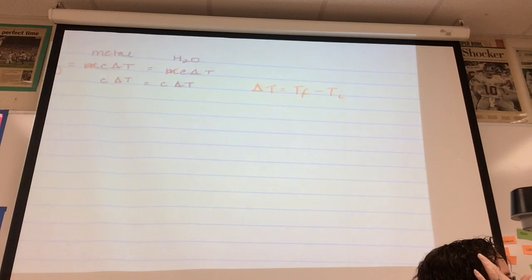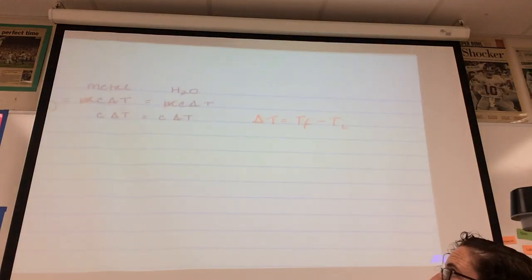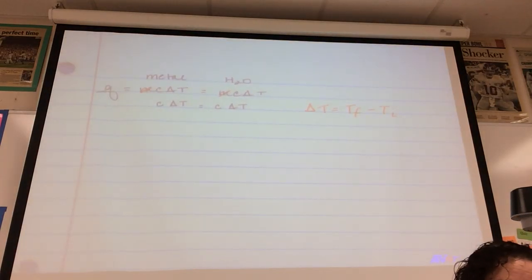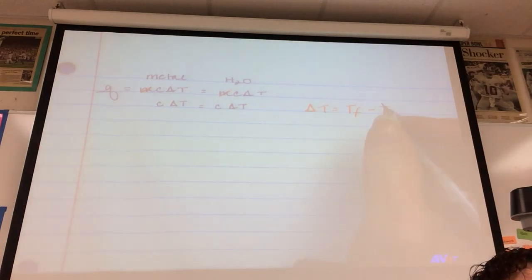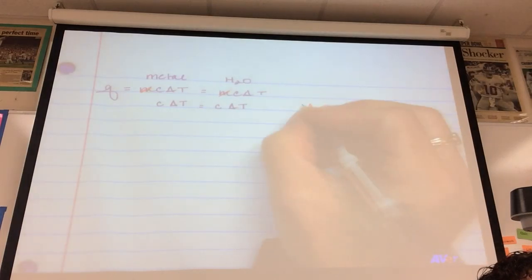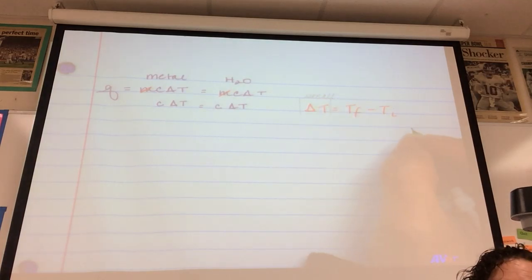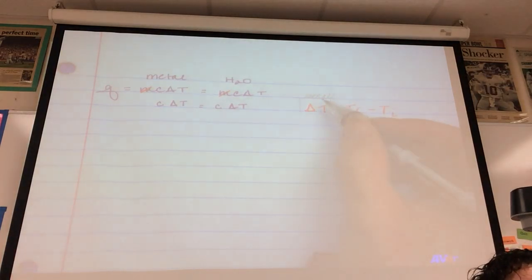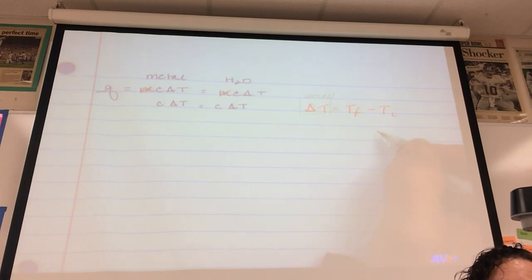Okay. Now, they're not just asking about delta T though. In terms of water then, we know delta T is going to be relatively small. Do you get a small delta T with a lower or a higher final temperature? Lower than water.